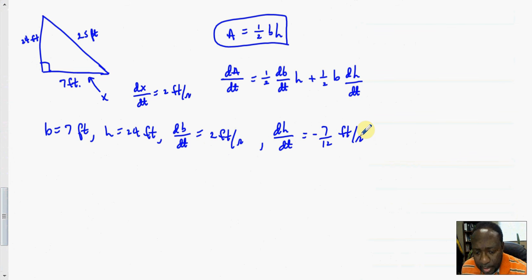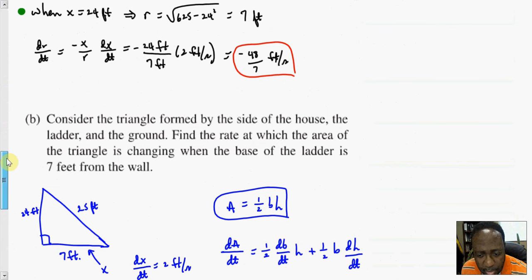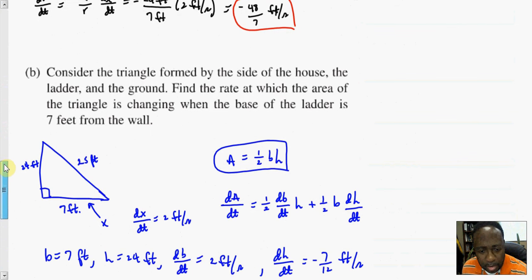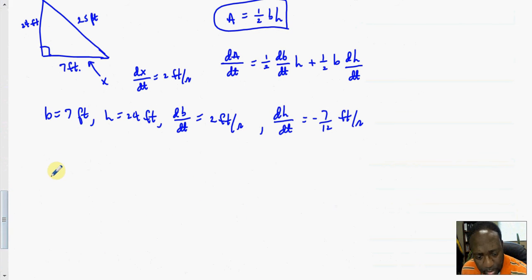So if that be the case, I think we have everything we need. It said here, calculate the rate at which the area is changing. So we need dA over dt. That's going to be 1/2 times dB over dt, and we have that to be 2 feet per second times h.